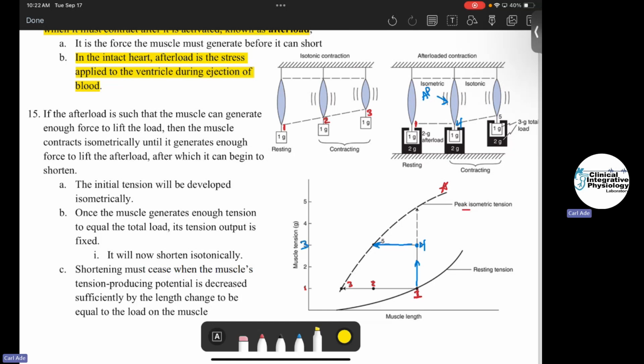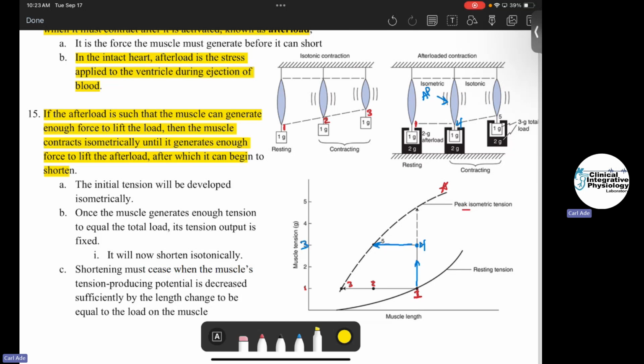So this really highlights that we're working within this envelope a little bit. So if I come back here, if the afterload is such that the muscle can generate enough force to lift the load, it'll initially contract isometrically. And once it's generated enough force to lift that afterload, it will start to shorten. This is going to be important when we look at a cardiac cycle, because there's phases that are the isovolumic contraction period or phase.